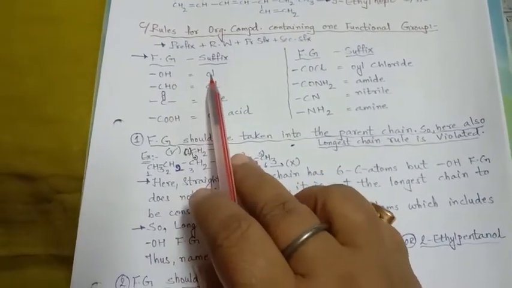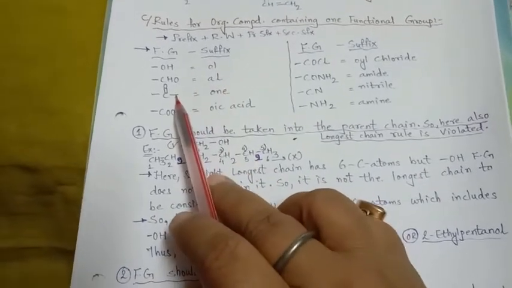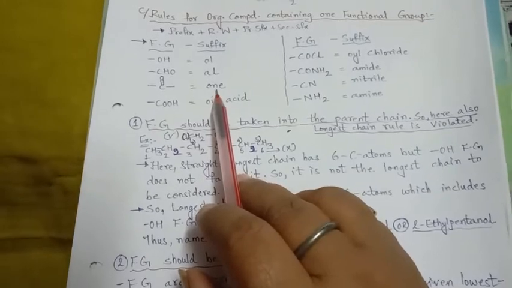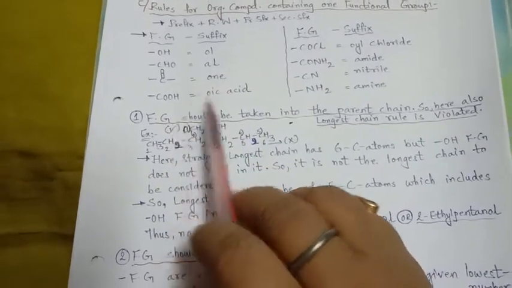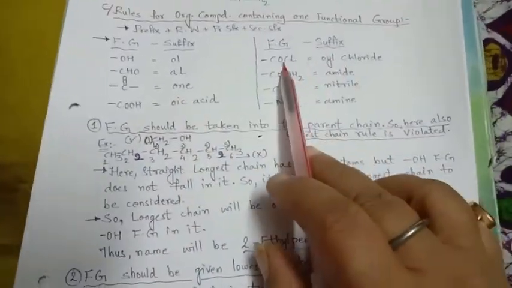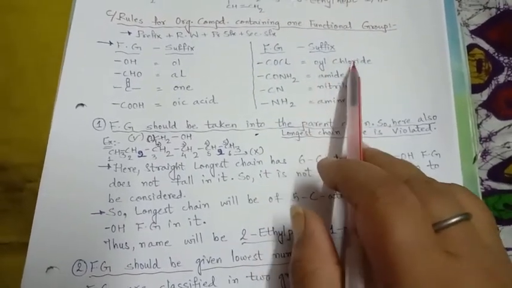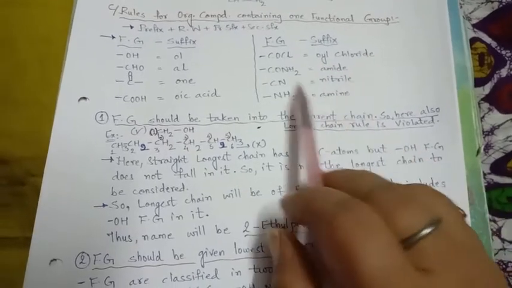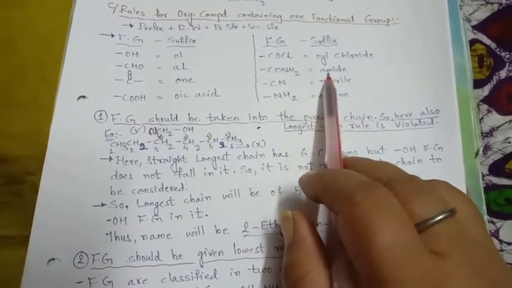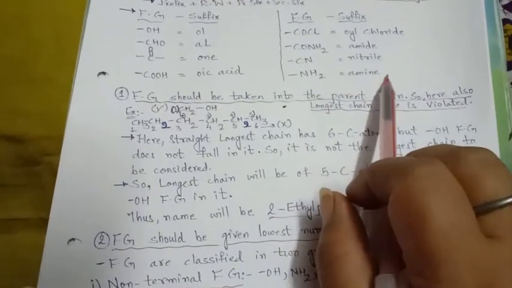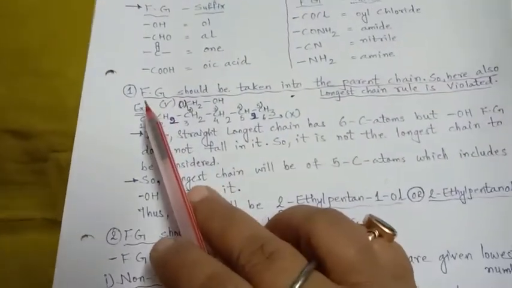Alcohol, ol; aldehyde, al; ketone, one, which we will read as on; COOH, oic acid; COCl, carbonyl chloride, so oyl chloride; CONH2, amide; CN, nitrile; NH2, amine. Right?